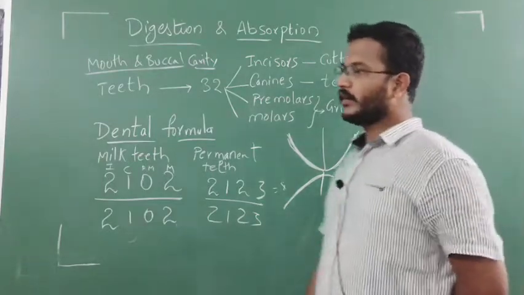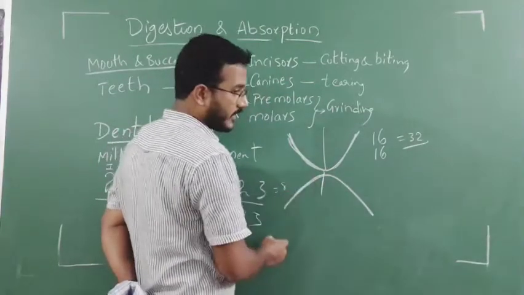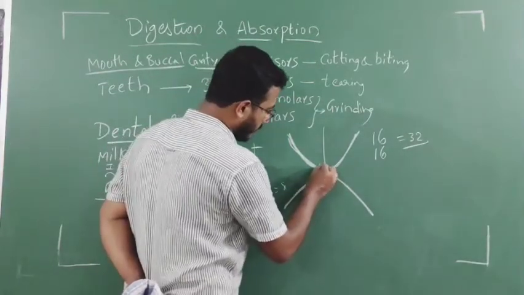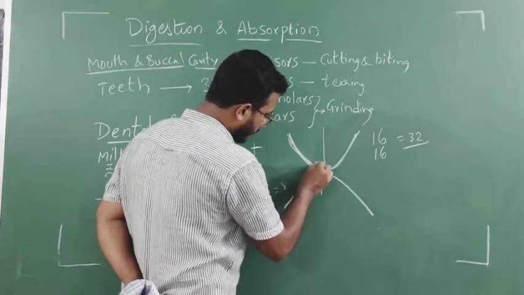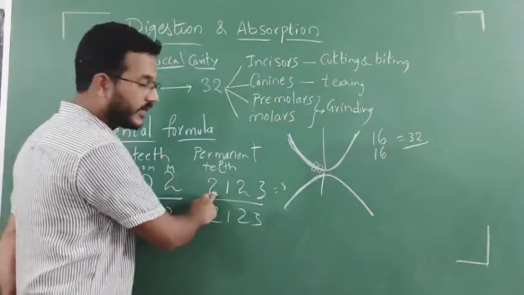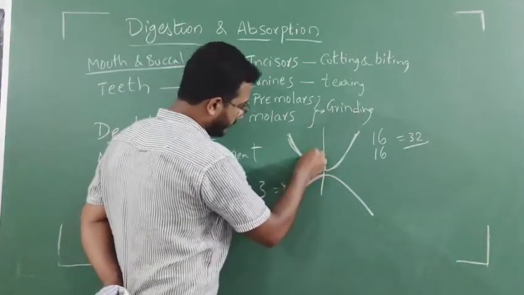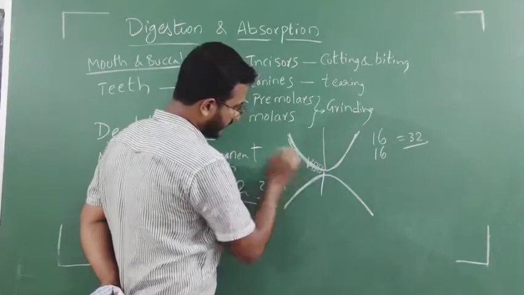Now I will draw the teeth here. For example, these are the incisors. Permanent teeth, I am drawing 2 incisors and 1 canine. The canine is chisel shaped like this.